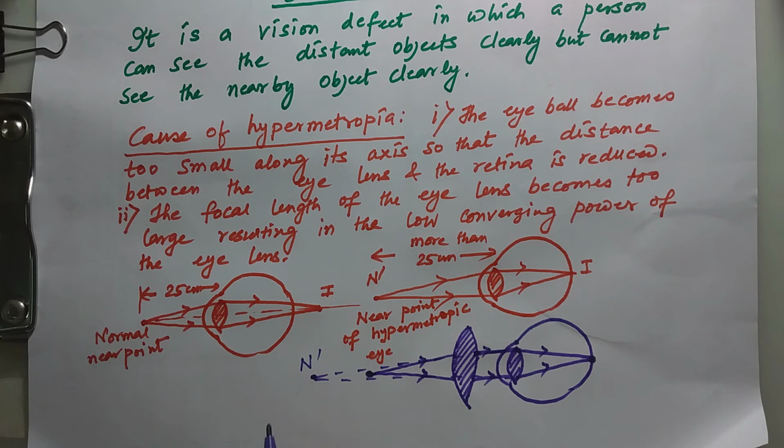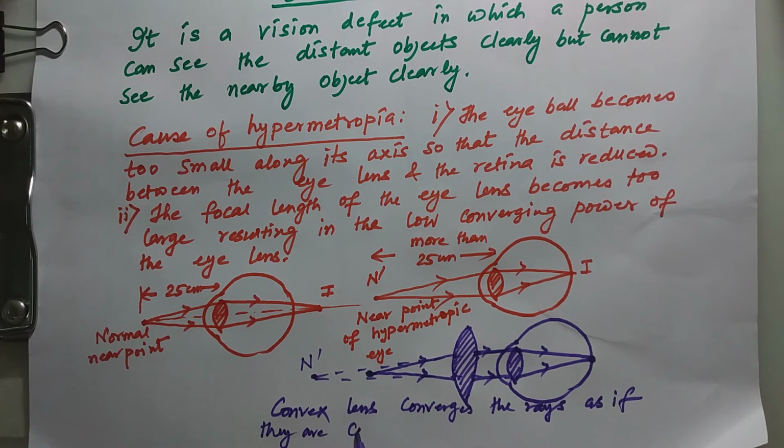So you can write, convex lens converges the rays as if they are coming from n dash.